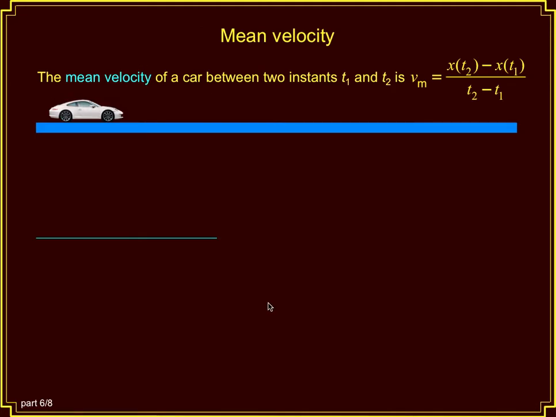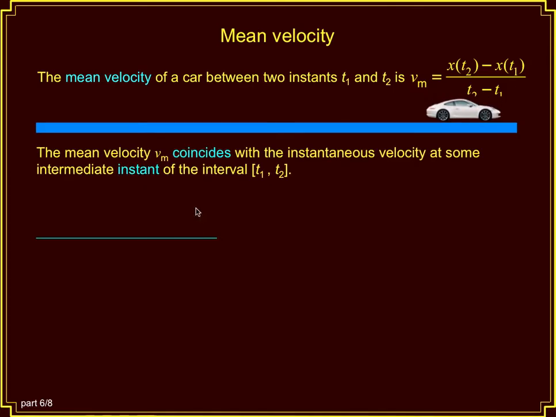The mean velocity. The mean velocity of the car between two instants is of course given by this formula. Now, the mean velocity coincides with the instantaneous velocity at some intermediate instant of the interval T1, T2.